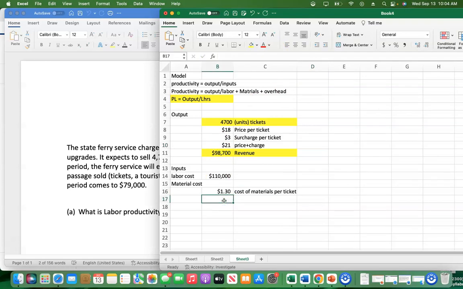And therefore the overall cost of material will be the cost of materials per ticket times the number of tickets sold. So I'm going to put equal sign there and click on this $1.3 times the number of tickets, and that will give us the overall cost of the materials. And finally, we have overhead expenses.